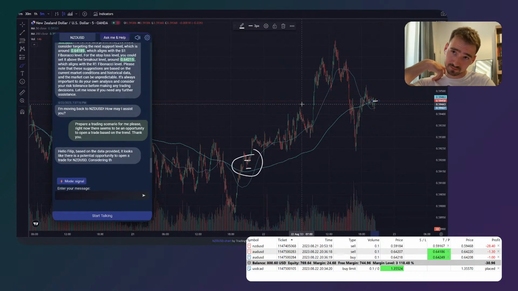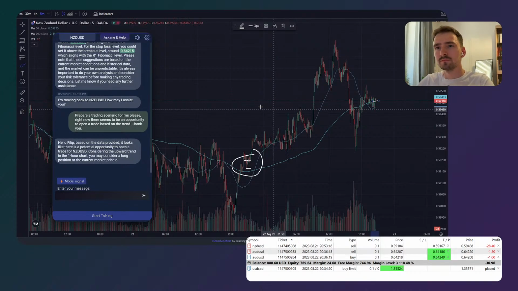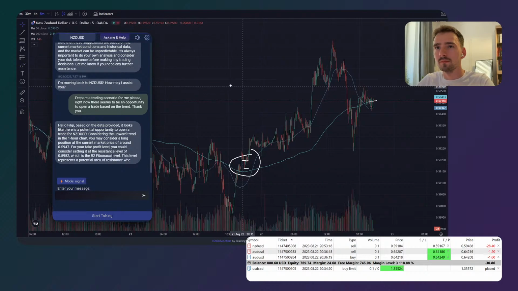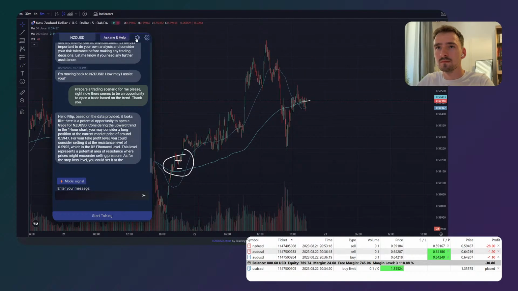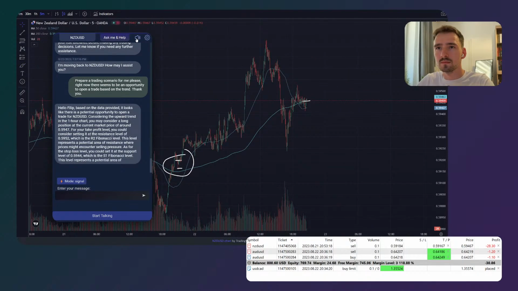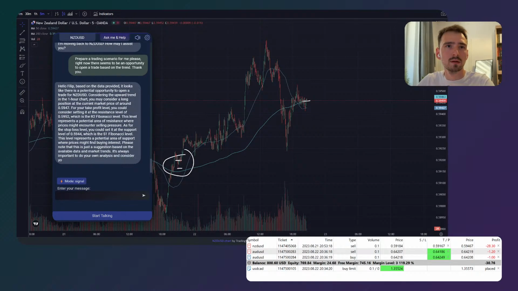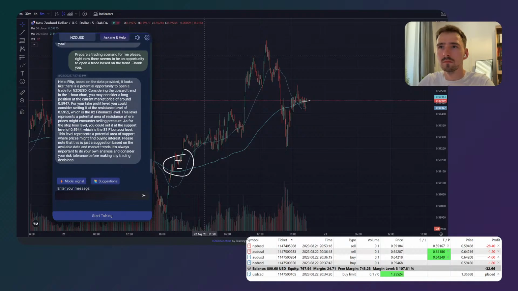Hello, Philip. Based on the data provided, it looks like there is a potential opportunity to open a trade for NZD USD. Considering the upward trend in the 1-hour chart, you may consider a long position at the current market price of around 0.5947. For your take profit level, you could consider setting it at the resistance level of 0.5952, which is the R2 Fibonacci level.